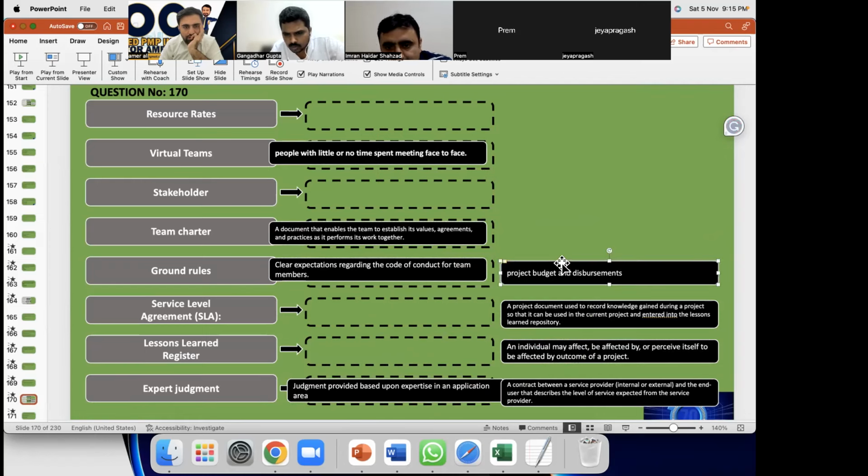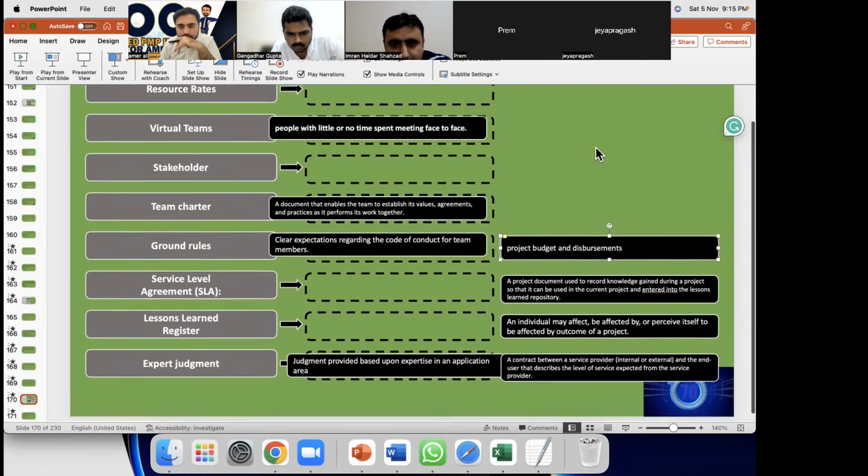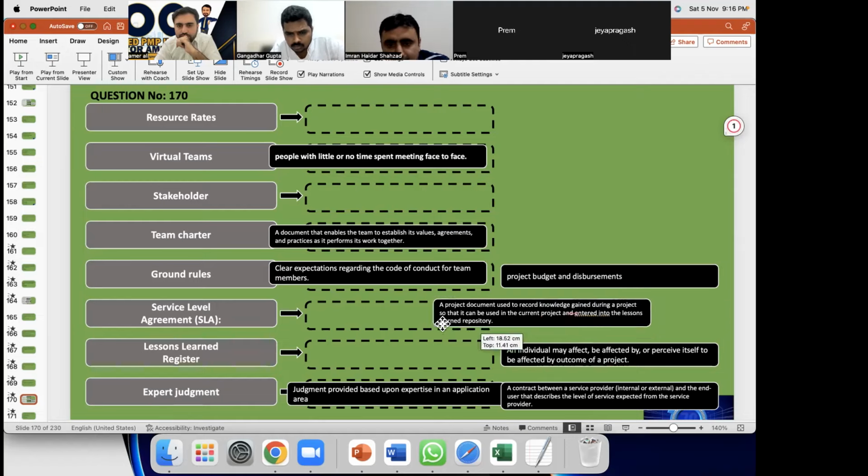Project budget and disbursements, that will be the lessons learned. Instead of wasting time, go next. A project document used to record knowledge gained so that it can be used in the current project and entered into the lessons learned register. So it will be the lessons learned.